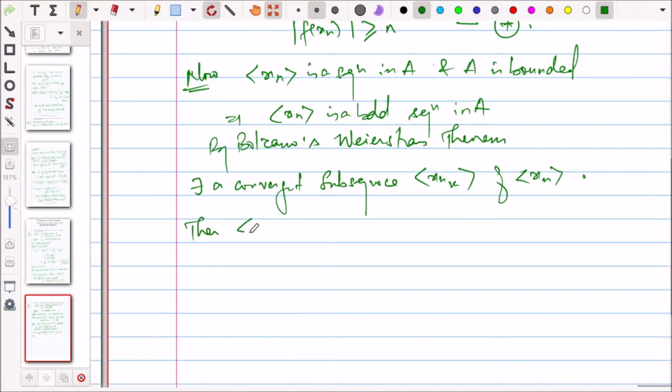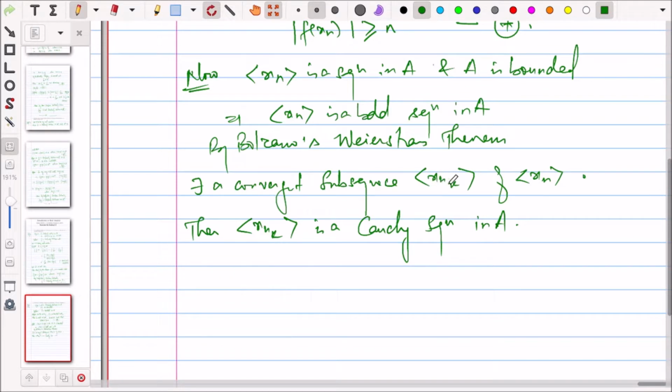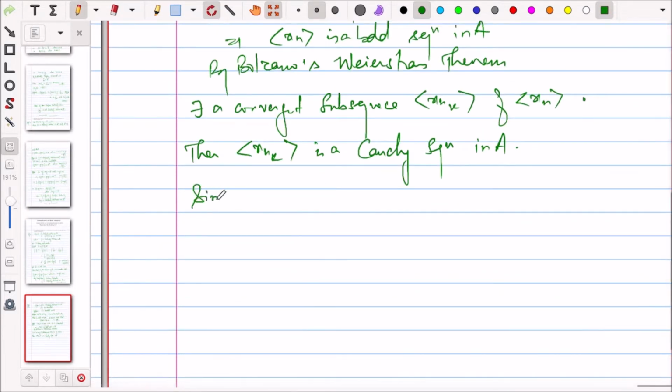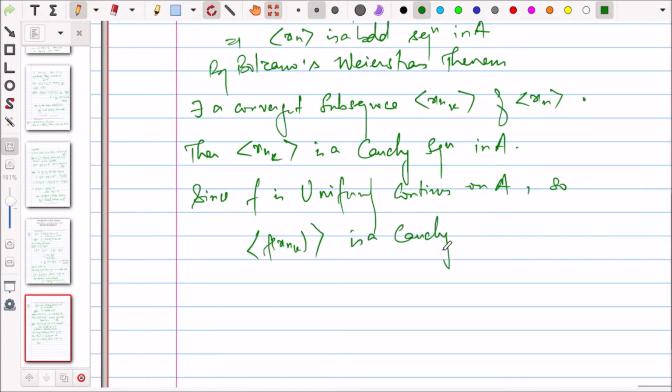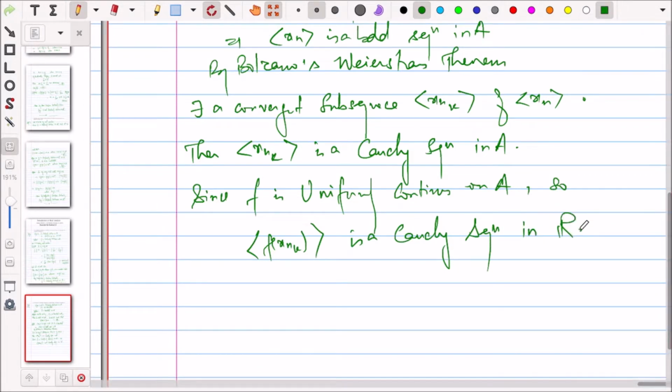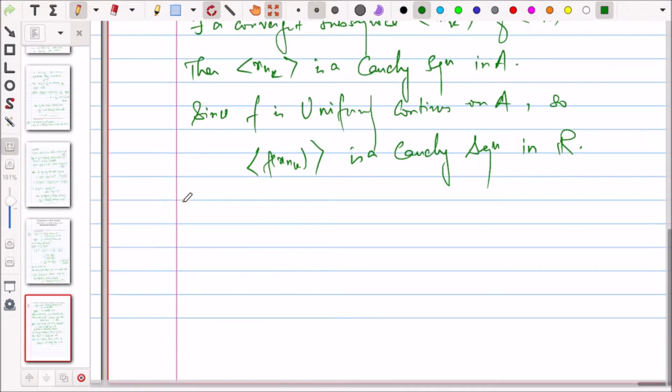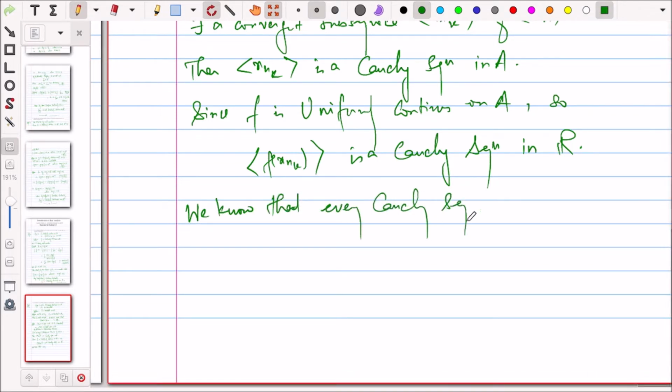So x_{n_k} is a Cauchy sequence in A, being a convergent sequence, and since f is uniformly continuous on A, f of x_{n_k} is a Cauchy sequence in R. And we know that every Cauchy sequence in R is convergent.